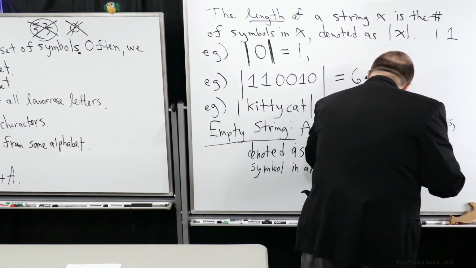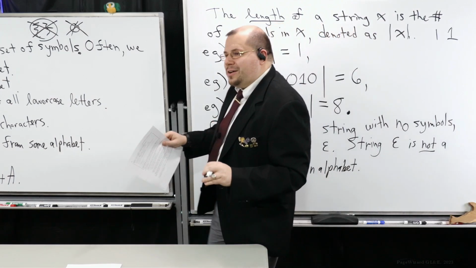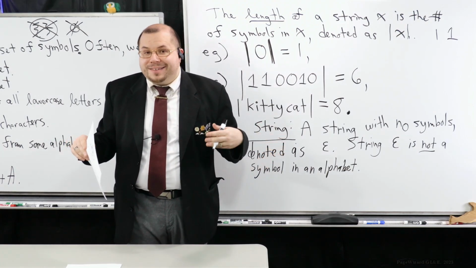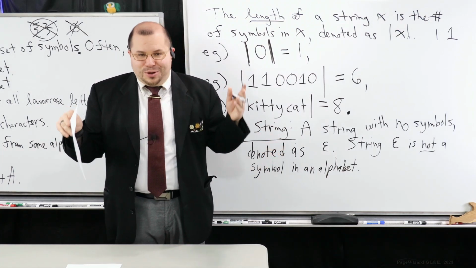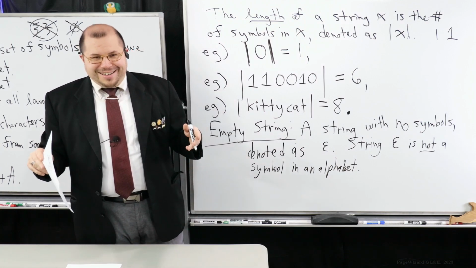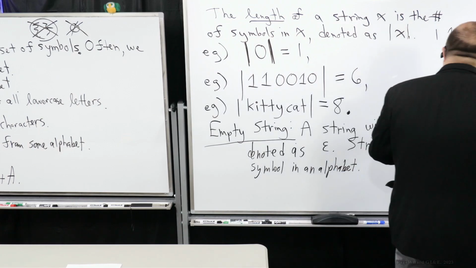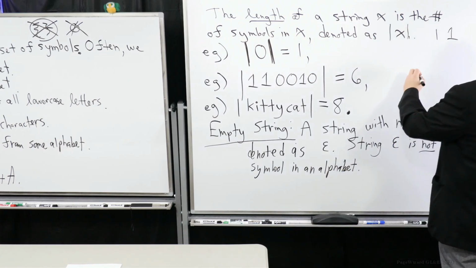So just please remember this. When somebody writes down epsilon, it's not a part of any alphabet, because it represents a string with no characters, right?